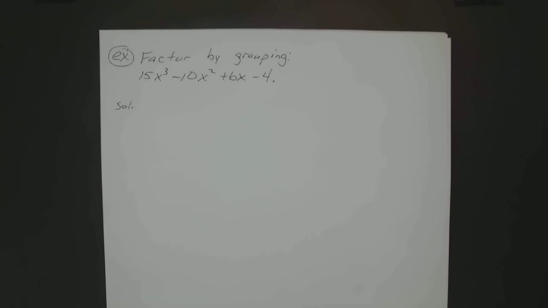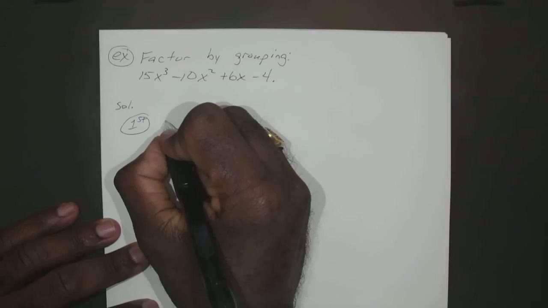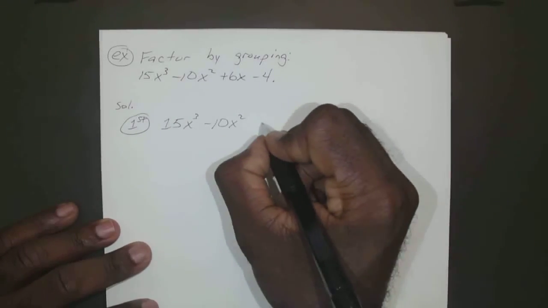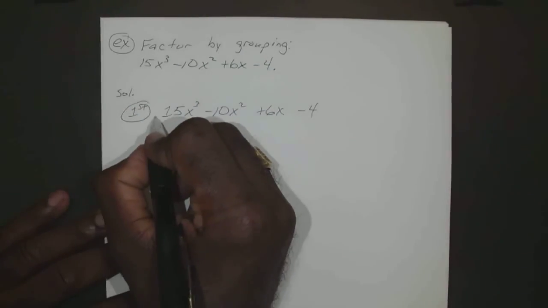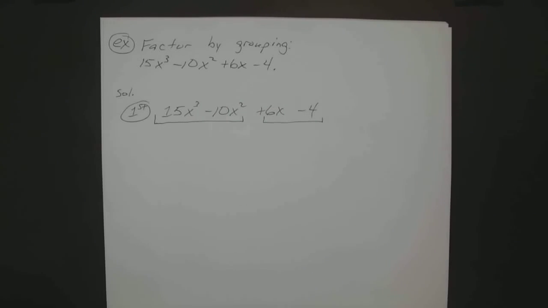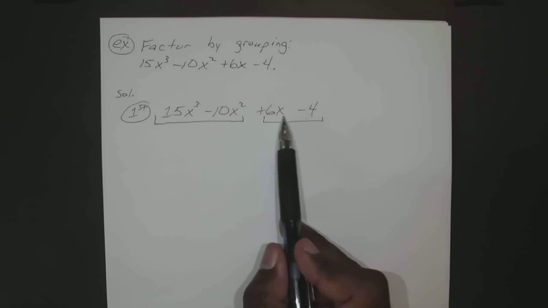Now remember, your first step, you're going to create two little subgroups. So you have 15x to the third minus 10x squared plus 6x minus 4. Okay, so what we're going to do is group these two together and these two together. Okay. Now your second step is you're going to find the greatest common factor of those two terms and the greatest common factor of those two terms.